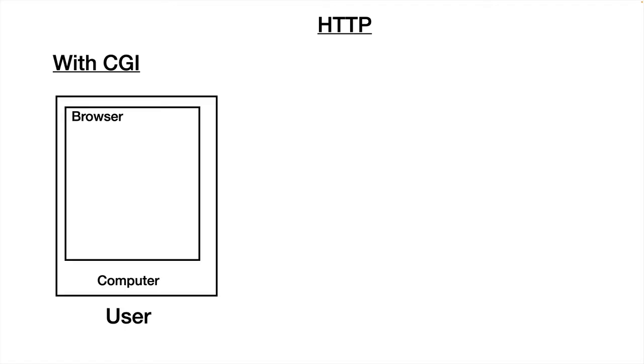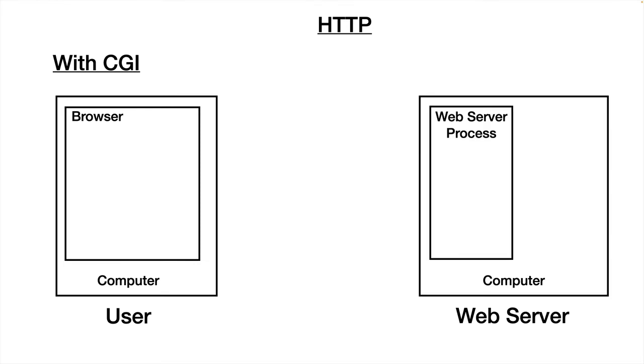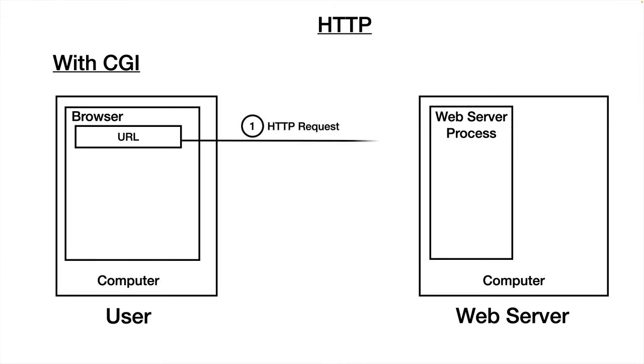We still have the computer, we still have a web server running, the user types in a URL, we have an HTTP request that goes to the web server, and this time, since it is using a CGI program, what happens is the CGI program runs on the web server, and the output of that CGI program is sent back to the web server process.